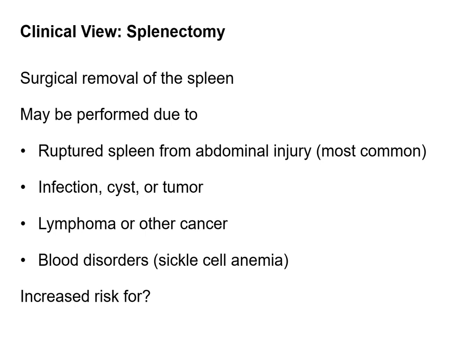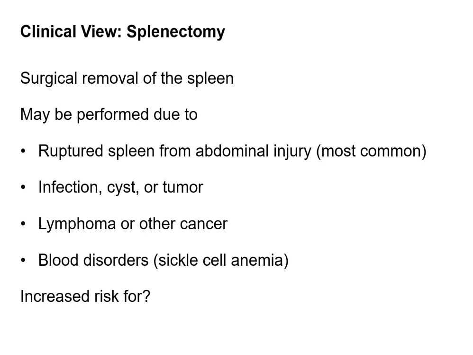Whenever you no longer have a spleen, you no longer have this blood filtering organ, so you increase your risk for infections, right? An easy way to remember where the spleen is and what you should do if you have a ruptured spleen is this 911 analogy, or 911 mnemonic.